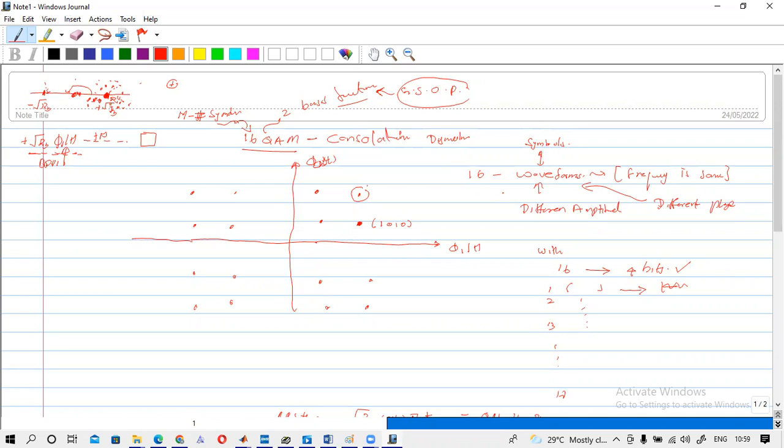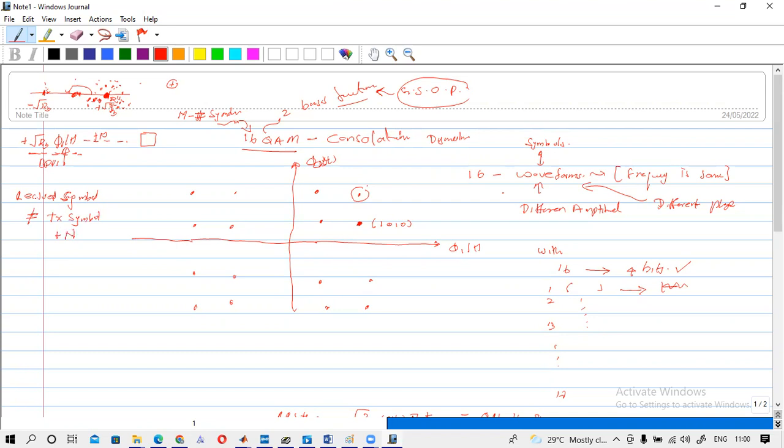So you can understand that the received symbol will not be the same as the transmitted symbol. That is the point. The received signal or received symbol is not equal to the transmitted symbol, because the transmitted symbol will have noise when it is received.